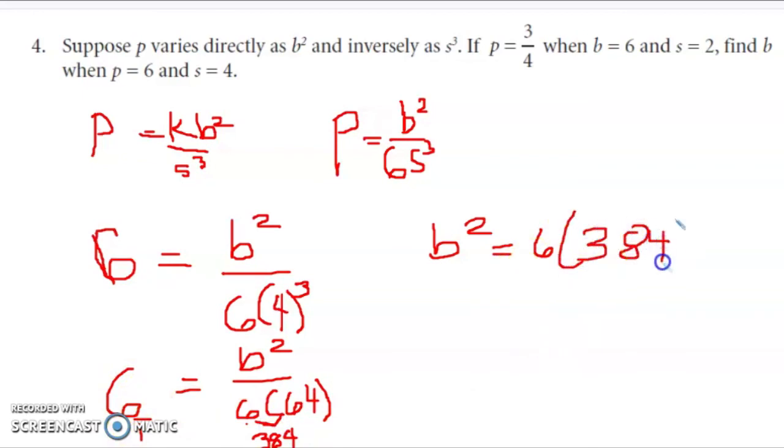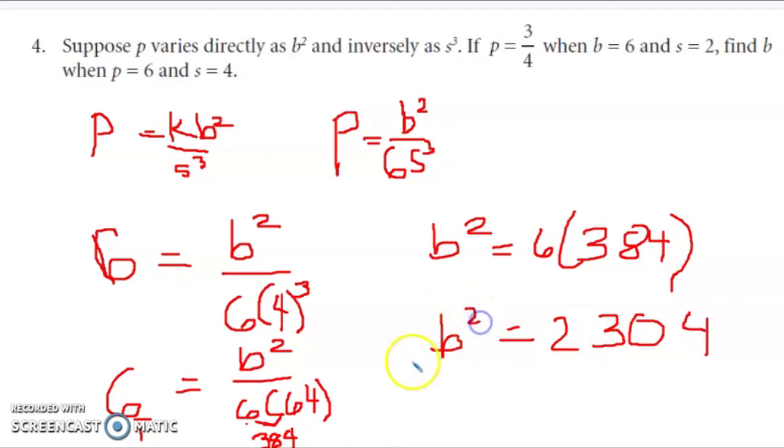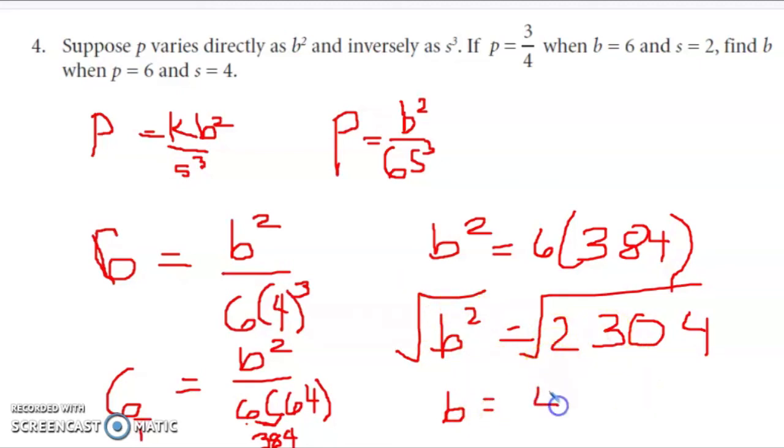So getting the product now, 384 times 6 is equal to 2,304. B squared. Next will be square rooting both sides of the equation, and the square root of B squared is B, and the square root of 2,304 is equal to 48. So B now is equal to 48.